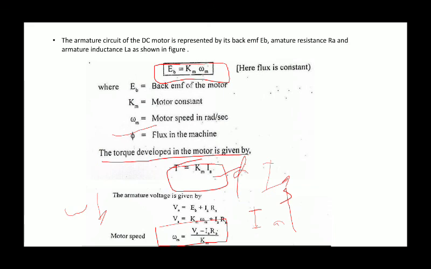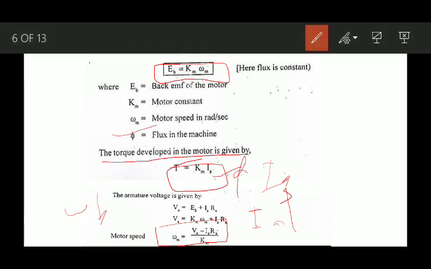You can see when we plot the graph of speed omega m versus firing angle alpha, when the firing angle is more, the speed will be less.